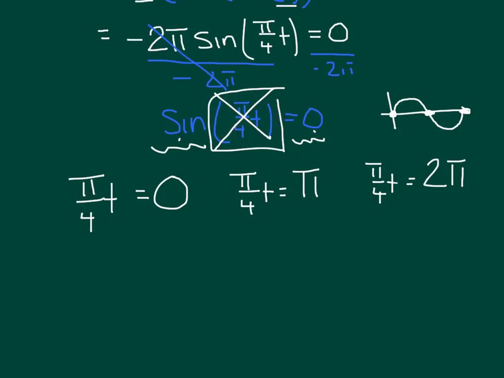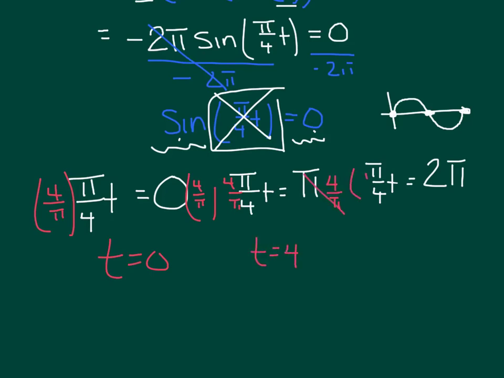Now I'll solve. I'll just simply multiply by 4 over pi, 0 times anything is 0. 4 over pi, pi's cancel, t equals 4. 4 over pi, pi's cancel, I get t equals 8.